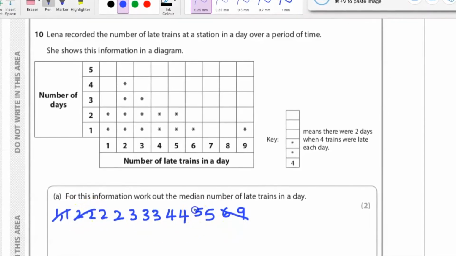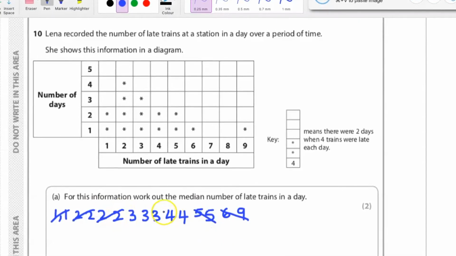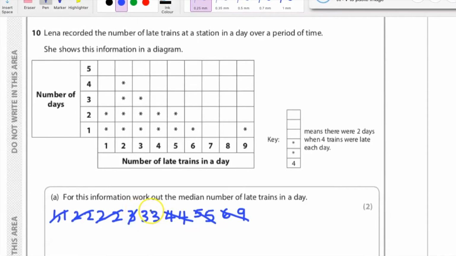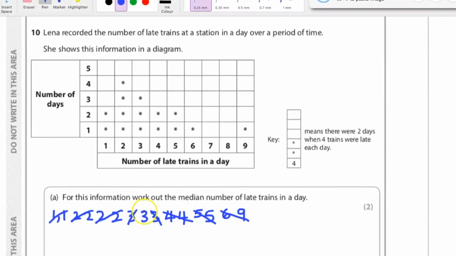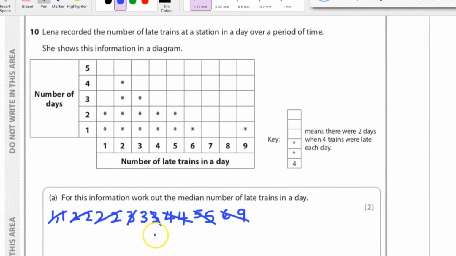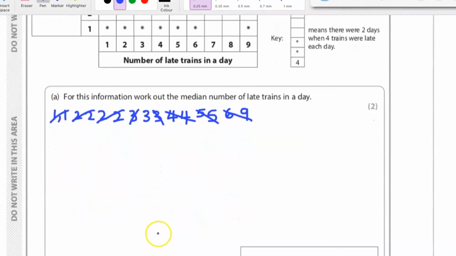So what is left in the middle is 3. So the median here is 3.